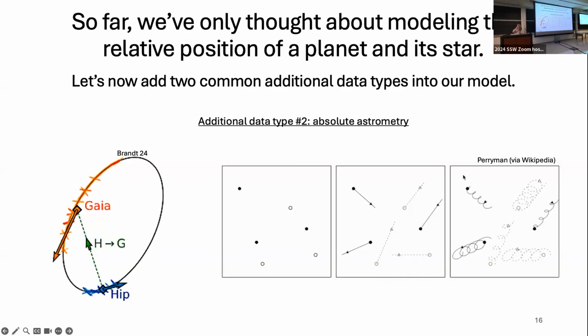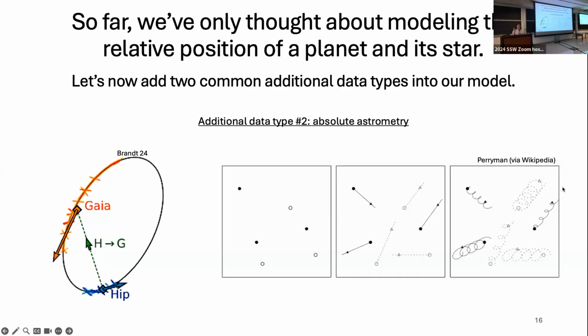So they make these little curly cues. That's a signature of how far away the system is, and the Earth's revolution around the sun. So you model all of these things jointly. You make a really giant model that figures out what the best individual parameters are.